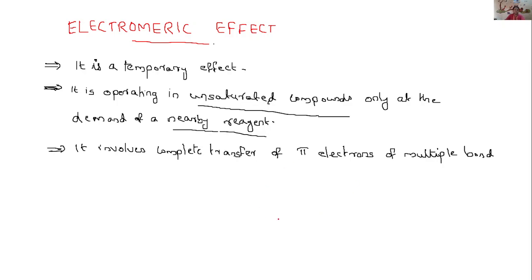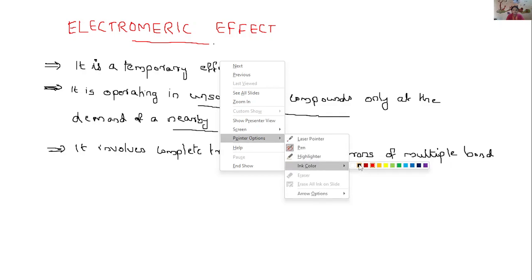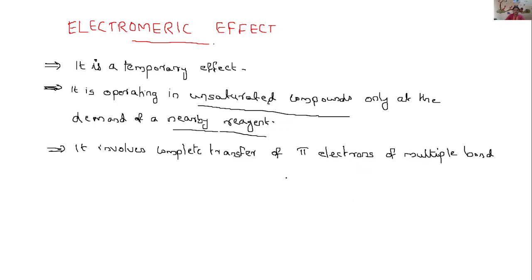And finally, it involves complete transfer of pi electrons of a multiple bond. Okay, so these are the points you have to remember as a definition.